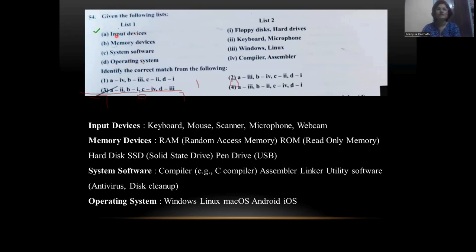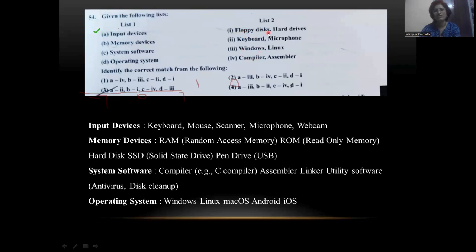So here we have input devices. Which are the input devices? Keyboard is a standard input device, and monitor is a standard output device. Some of the other input devices are the mouse, scanner, microphone, webcam, everything comes under input devices. Memory devices, where we can store the data.